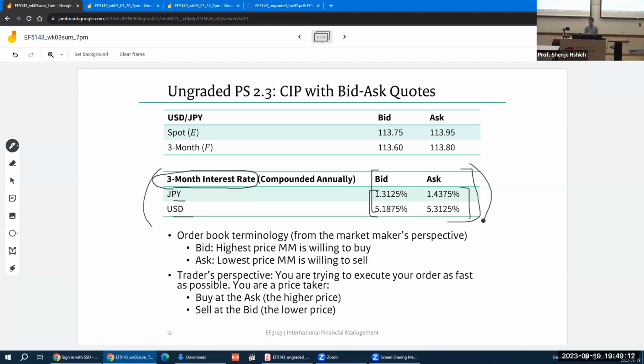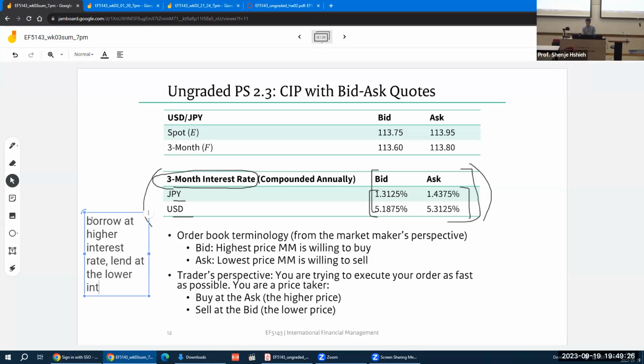So if you're going to borrow, you borrow at the higher interest rate. And if you're going to lend, you lend at the lower interest rate. It's the same intuition as buying at the high price and selling at a low price.